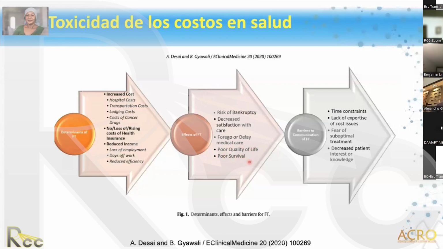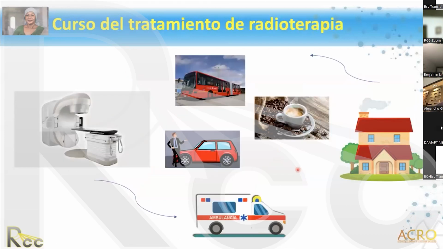And nobody wants patients to have a poor quality of life because it would affect their survival. They won't be emotionally ready to have access to all treatments, and they will have to not do some of the treatments.